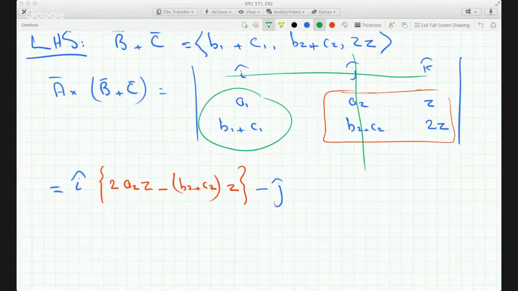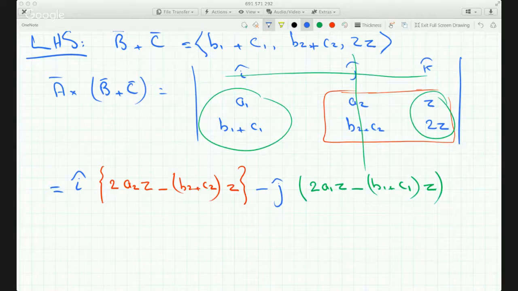So what you get is this and this. So you get 2 A1 Z minus B1 plus C1 Z. Okay?